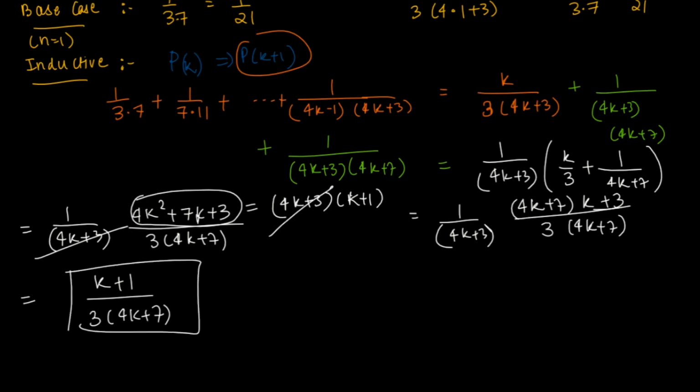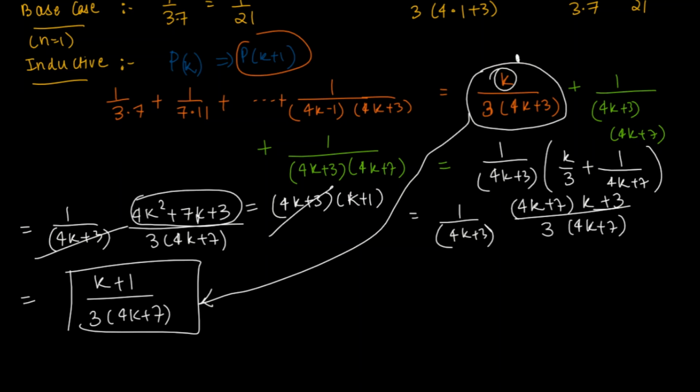And if you compare this with what we had for k, this is exactly what we wanted to get. If you replace k by k plus 1 in both the numerator and the denominator, you will get this. So P of k plus 1 holds true when P of k holds true.